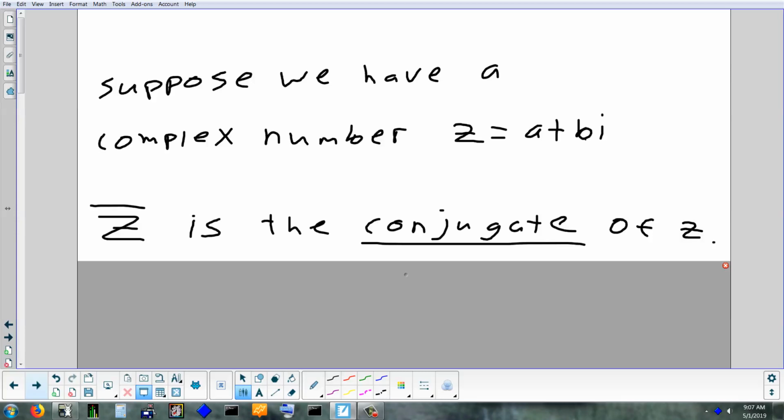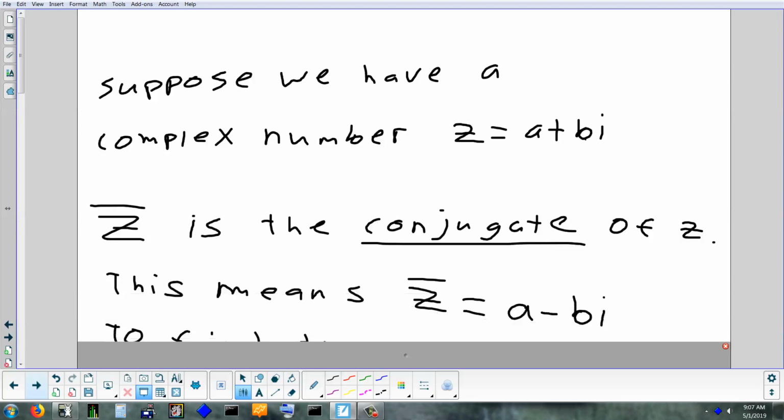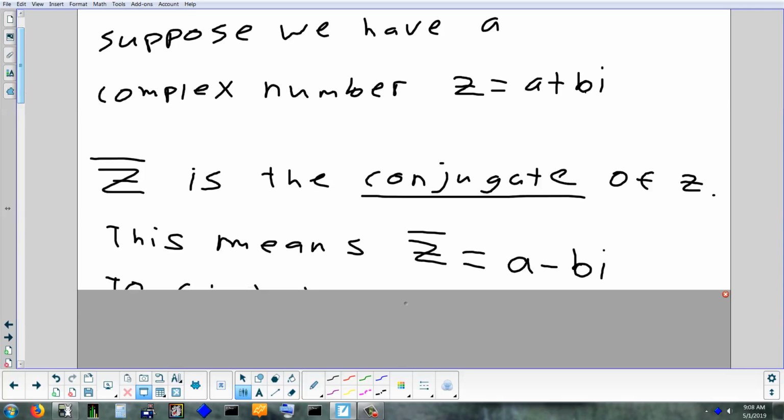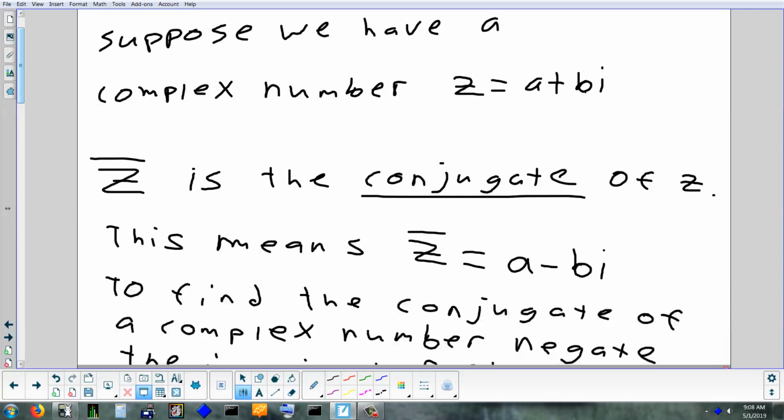The conjugate basically means if you started with A plus BI, you change it to A minus BI. All it means is change the sign that's right there.